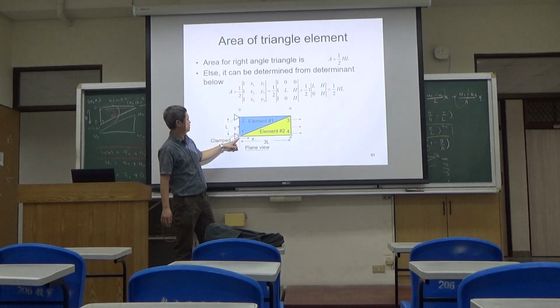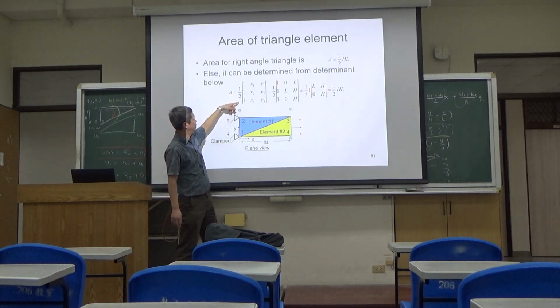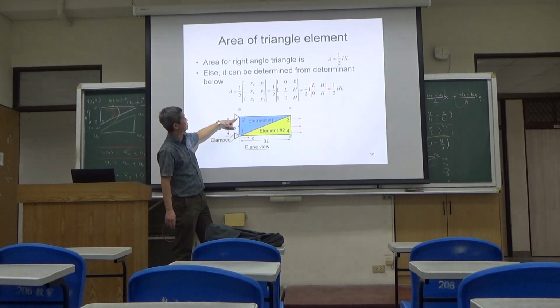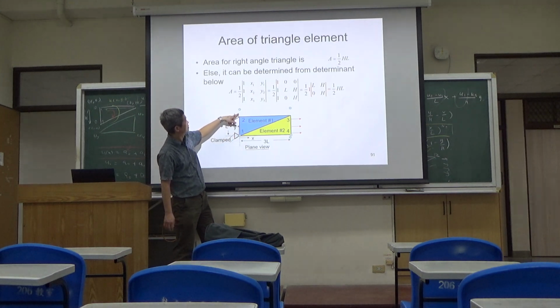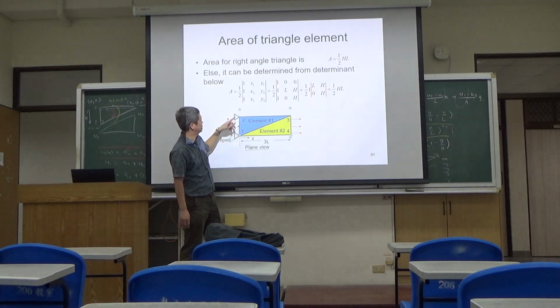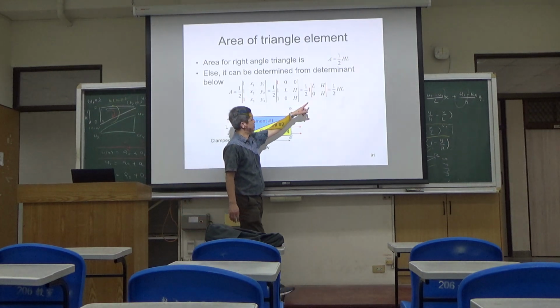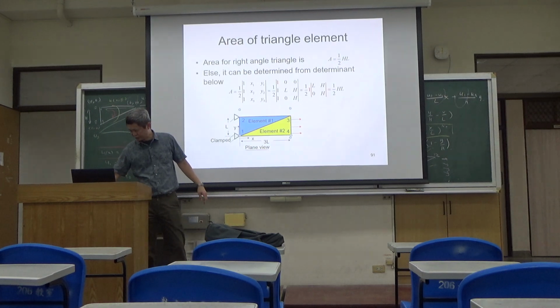You have 1 that is 0, 0, and then 2, depending on what you're writing, this is LH. Anyway, the area is half the height over L, half L.